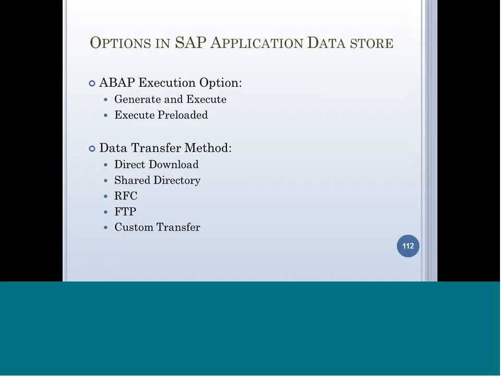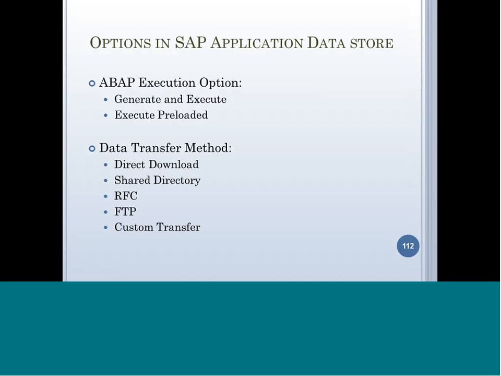whenever you are going to design a job in SAP BODS, what happens there is that we generate an ABAP code, and that ABAP code gets executed against your SAP ECC system. That is what happens in the SAP database.